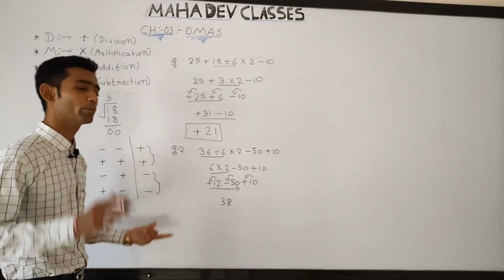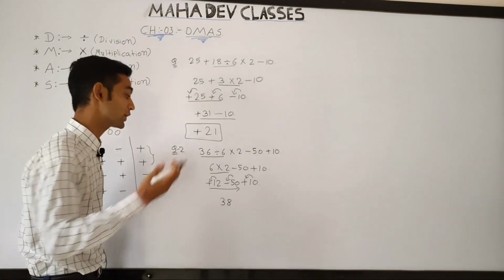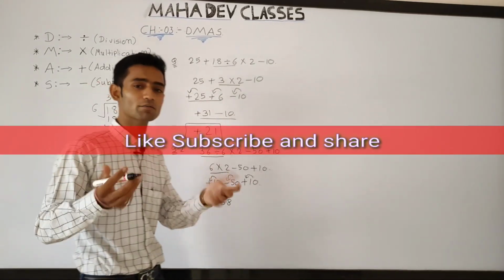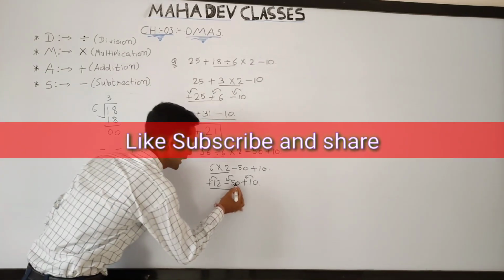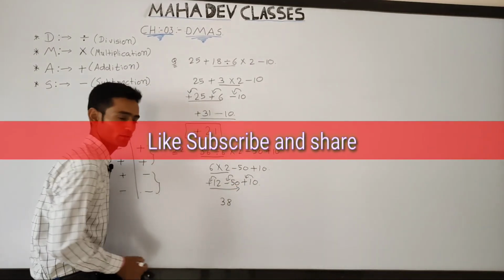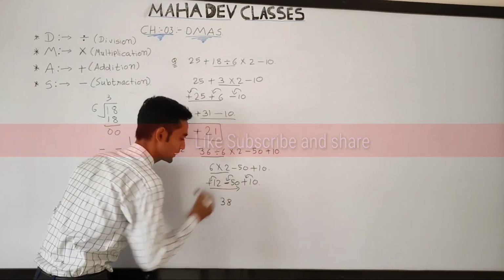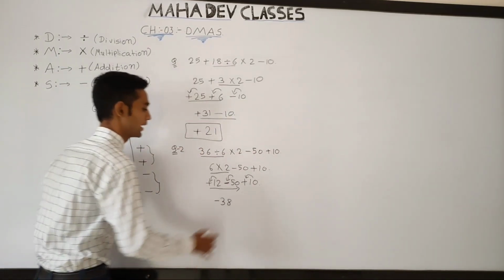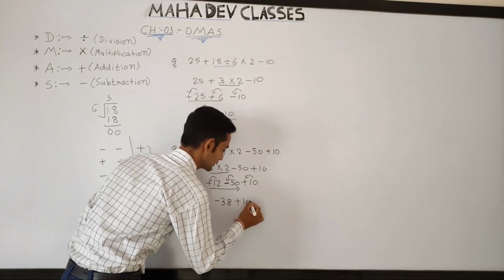Okay, and now you have to put the symbol of the bigger one. Which one is the bigger one, 12 or 50? Obviously 50 is the bigger one. So now we have to put the sign of that 50. Okay, and 50 is minus, so in our resulting answer we have to put a minus symbol, and now the rest one is plus 10.